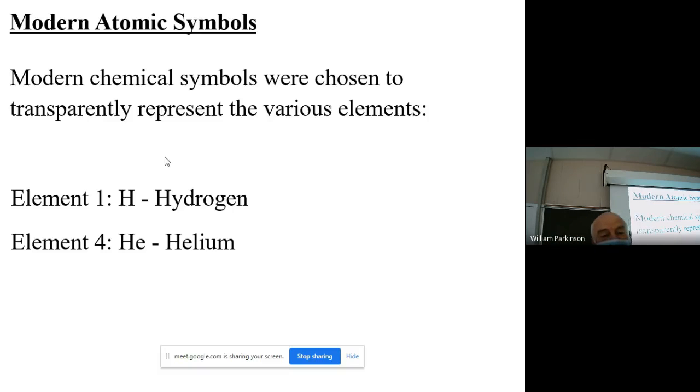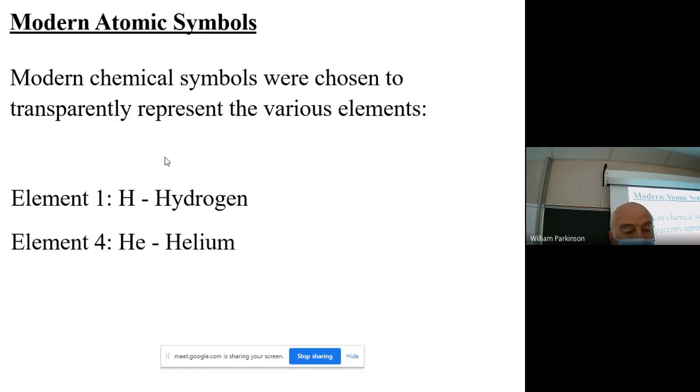And of course, for helium, we could have used something else. The name helium comes from Helios, the Roman god of the sun, because when people were able to discern what these things were made of, it was noted that the sun was made up of helium. There was a lot of helium in the sun. So the element that is mostly what the sun is composed of was named helium.